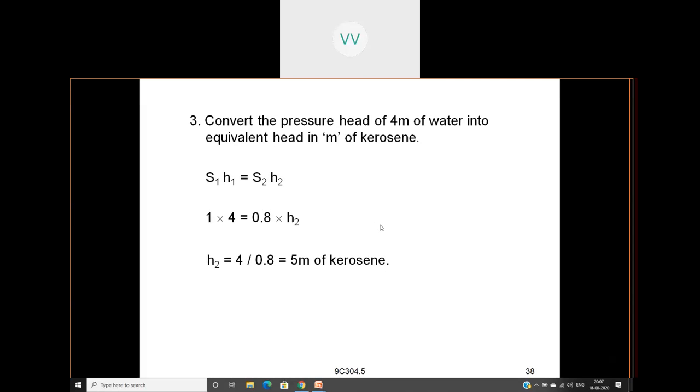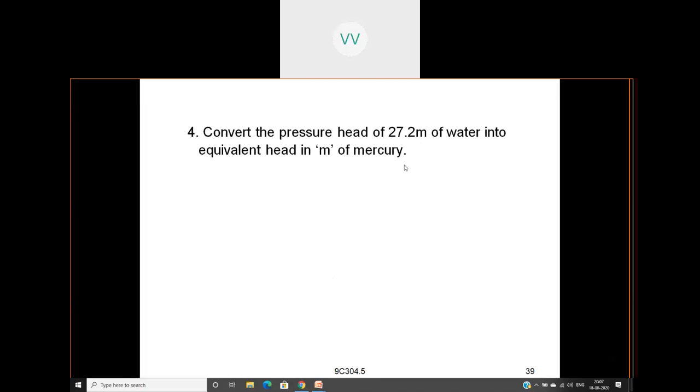So just look, because it is having different specific gravity, you require more column. So observe here. Then convert a pressure head of 27.2 meters of water into equivalent in meters of mercury. So S1H1 is equal to S2H2.